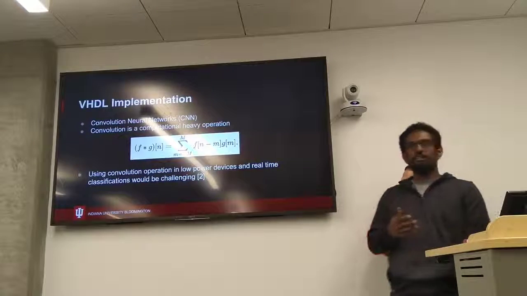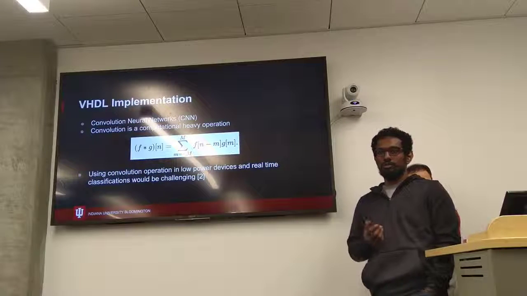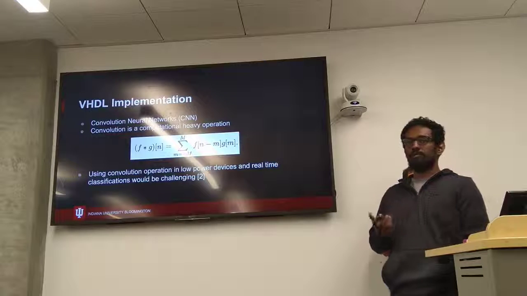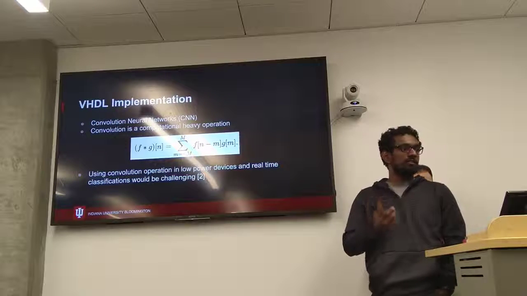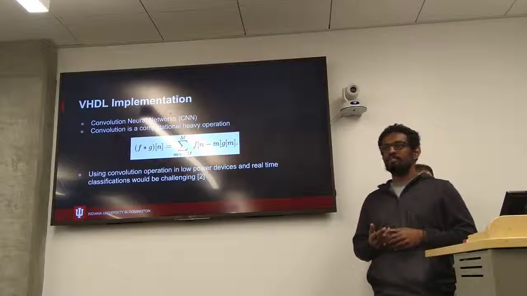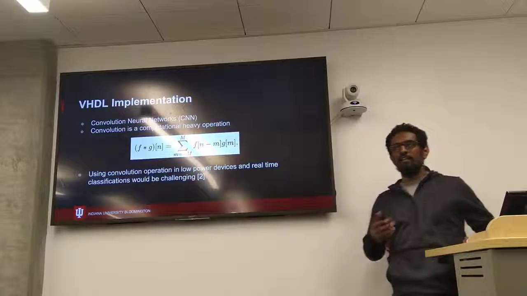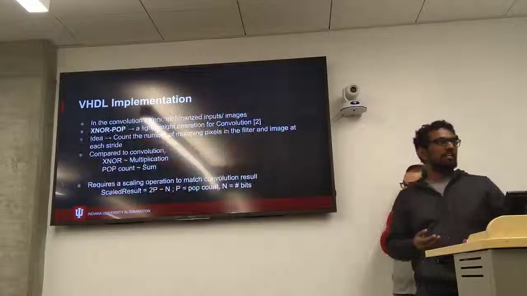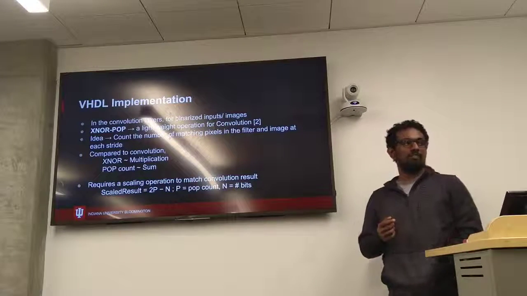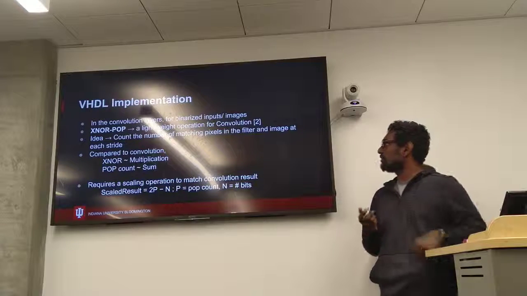When it comes to convolutional neural networks, I'll reiterate this: the convolution operation involves a lot of floating point operations. Using these in low power devices as well as in real-time operations could be problematic and challenging. That's where the whole idea of binary operation, and the XNOR operation, comes in.